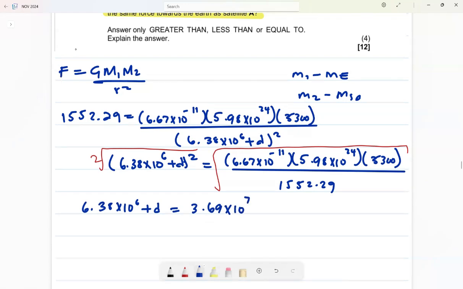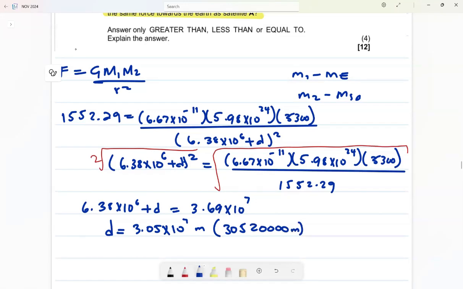For me to find D, I'm going to need 3.69 times 10 to the power of 7 minus 6.38 times 10 to the power of 6. And then I get a distance of 3.05 times 10 to the power of 7 meters, which is the same as 305,200 meters.